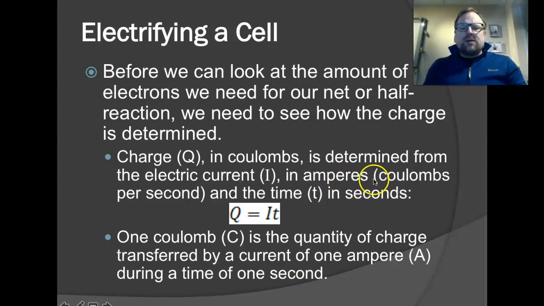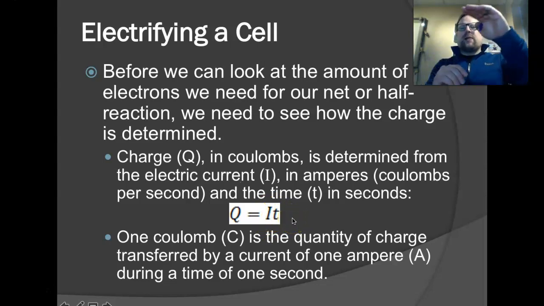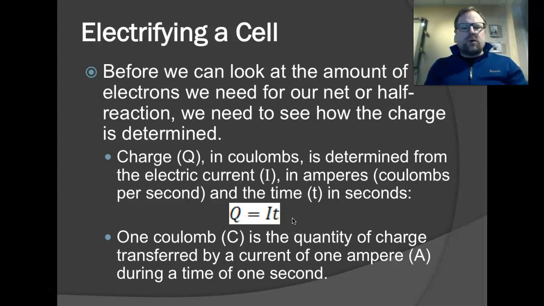But an amp is a coulomb per second. So an amp is the charge moving through a given spot every given second. And so what we're basically doing by multiplying I, which is our current, and t, which is our time, we're figuring out C. If we've got time on the top and time on the bottom, those are going to cancel out, and we'll be left with coulombs when we're done.